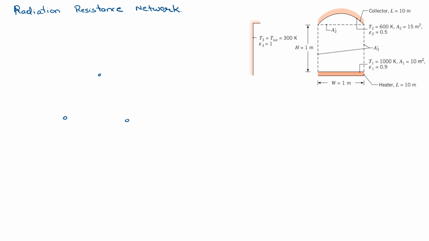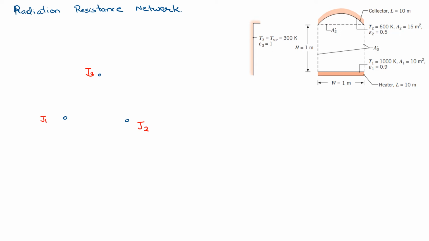So let's write them down. This here is J1, this is the radiosity due to 3, and this is the radiosity due to 2. Okay, so you have marked your three radiosities. After you mark them, you connect them with the resistance in between.